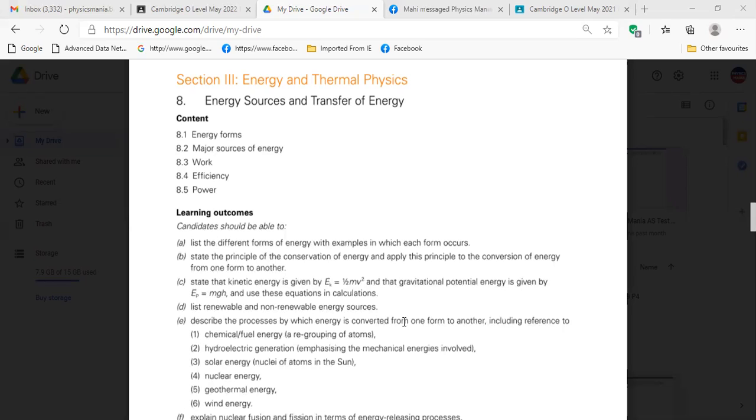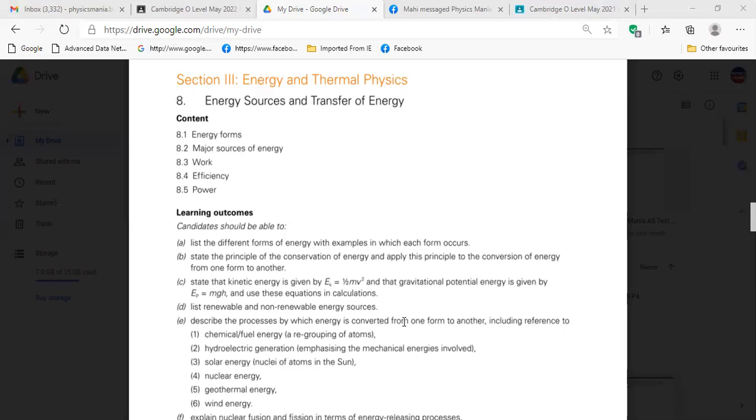Yes, sir. Building a nuclear power station and its decommission both are very expensive. This way, there are some negative sides of non-renewable energy sources. So we did today up to A to D learning outcomes, right?